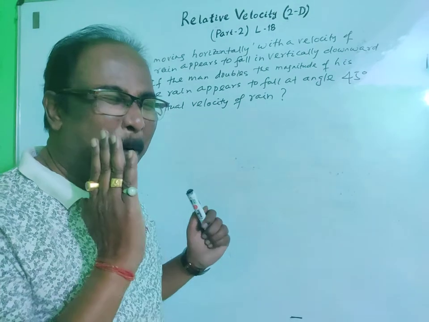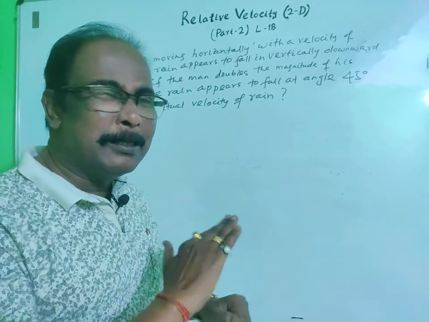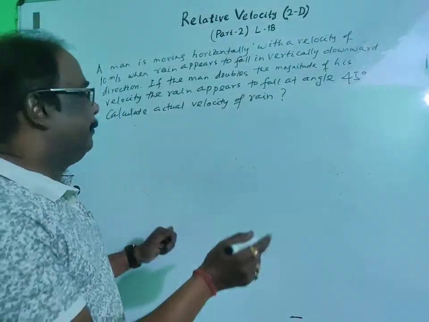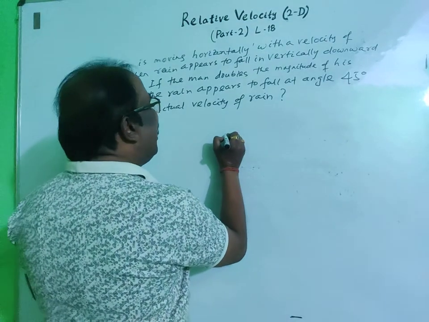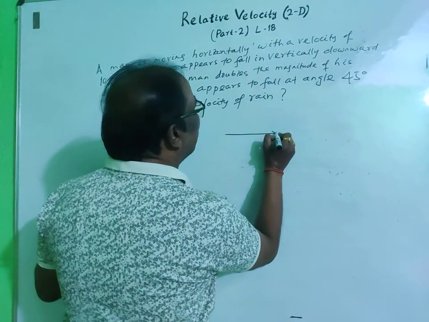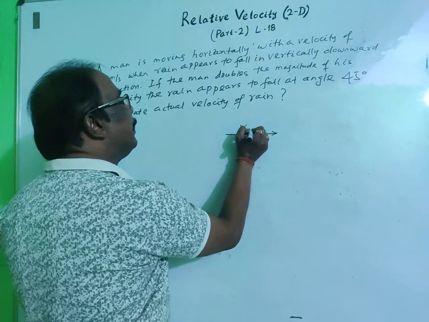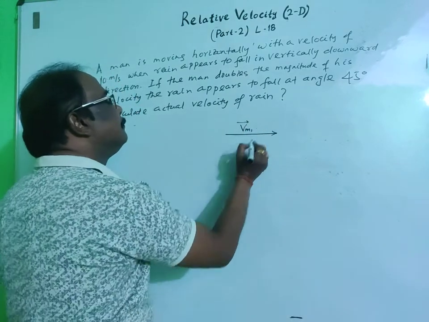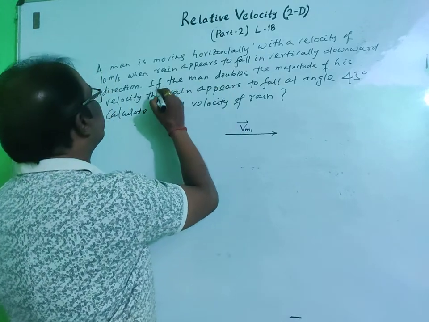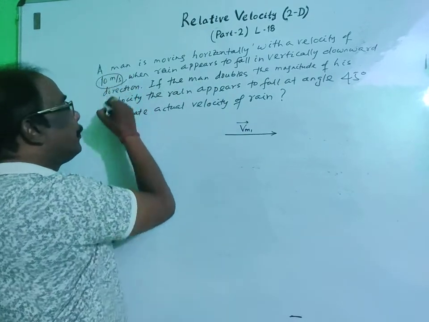Let's represent only vector representation. This is easier. See, man is moving horizontally. Let's take along positive x-axis. This is initial velocity of man, Vm1. Magnitude is 10 meter per second.